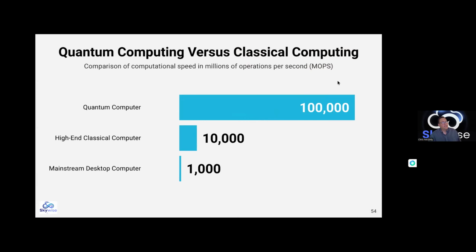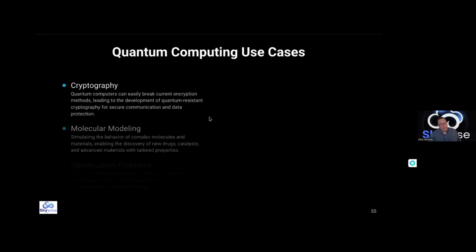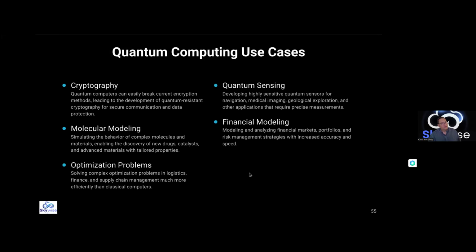And this is kind of what I'm talking about, how on a quantum computer, we're looking at the speed in millions of operations per second versus an NVIDIA platform here, and this is IBM down here. So we're talking about a major boost in what we can do mathematically.